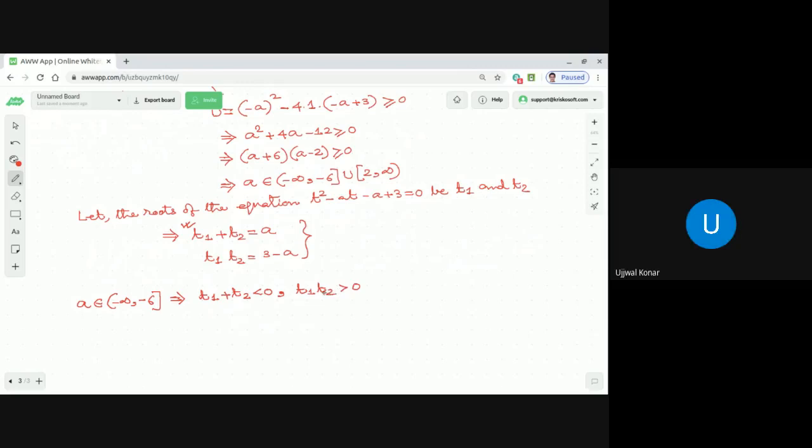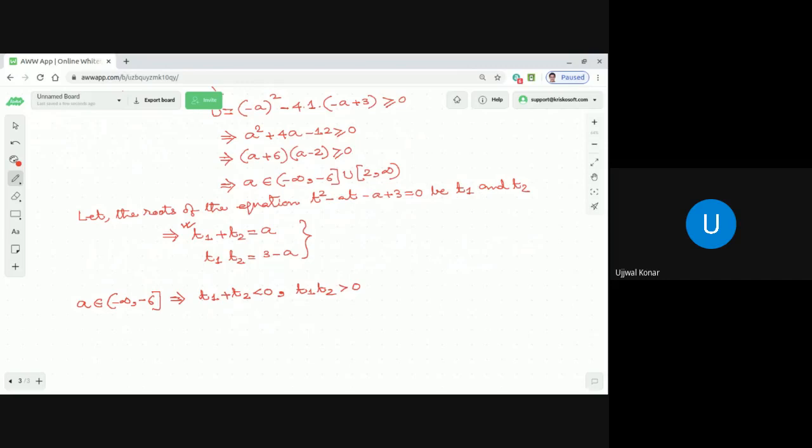You're getting my point? Yes. a belongs to minus infinity to minus 6. That means t1 plus t2, which is a, has to be less than 0. And again, t1 t2 is 3 minus a. So for any value of a between minus infinity and minus 6, 3 minus a should be positive, because you are subtracting a negative number from 3.